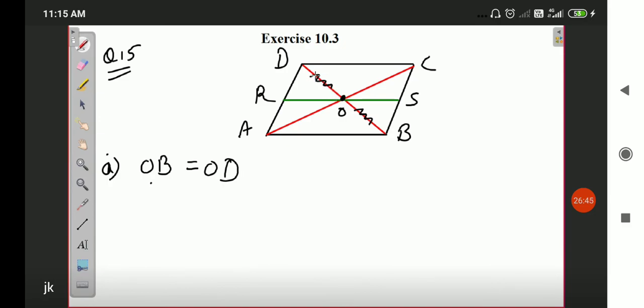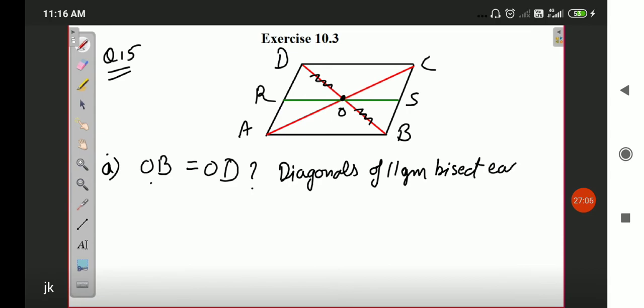Why are they equal? Because diagonals of a parallelogram bisect each other. That is why these both are equal.